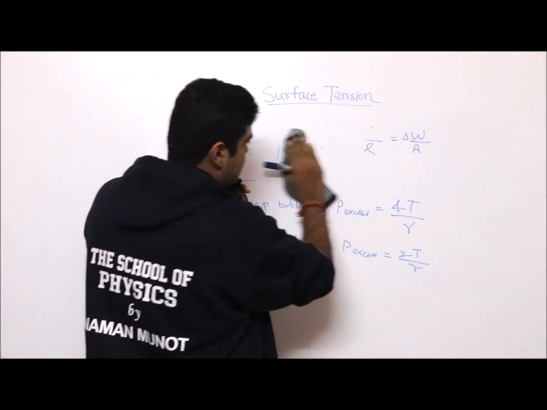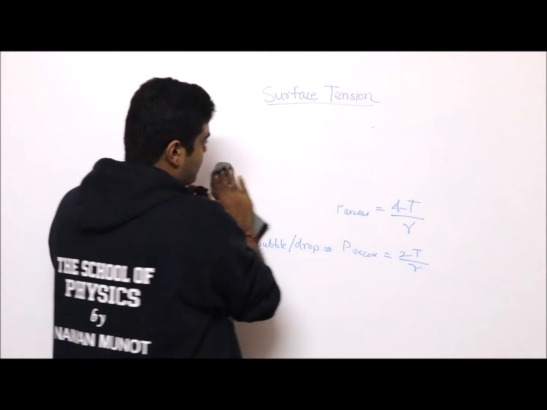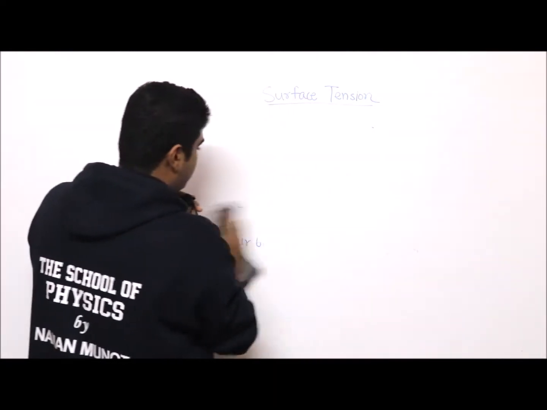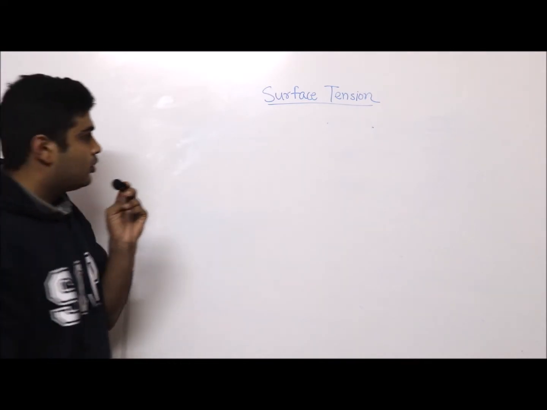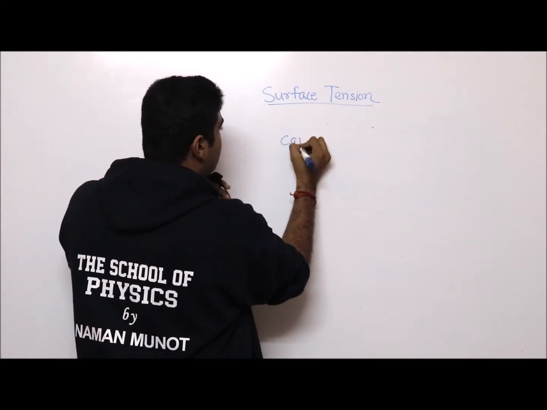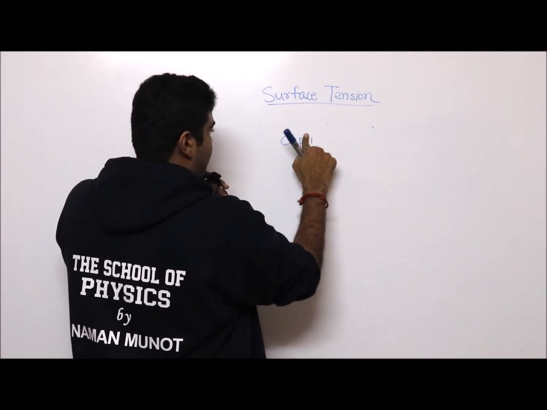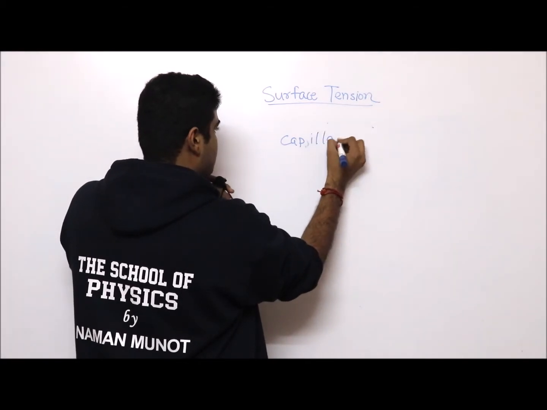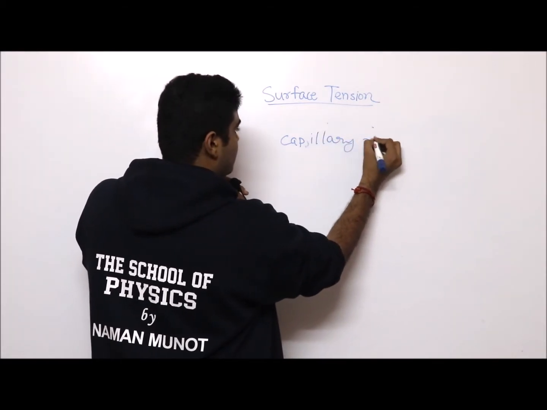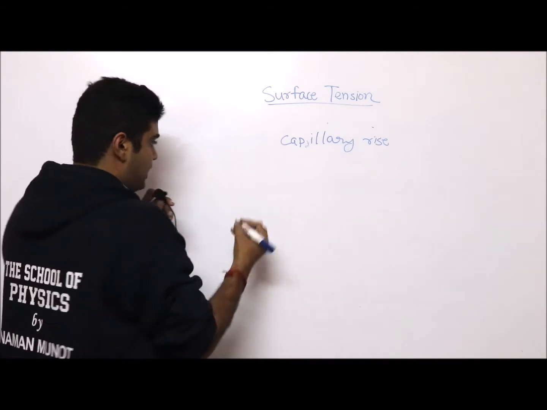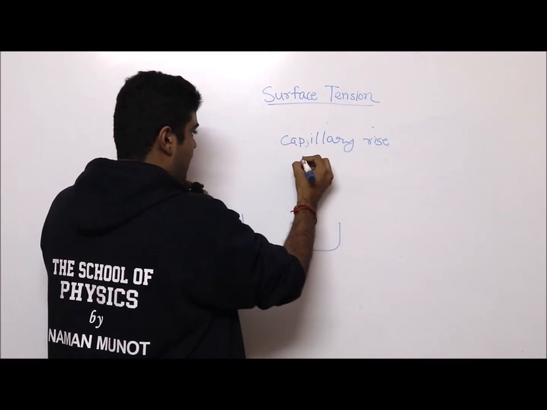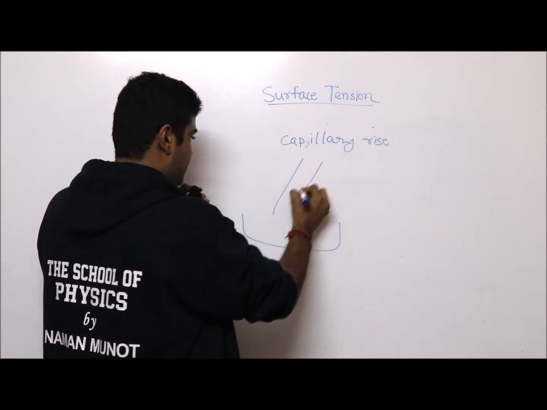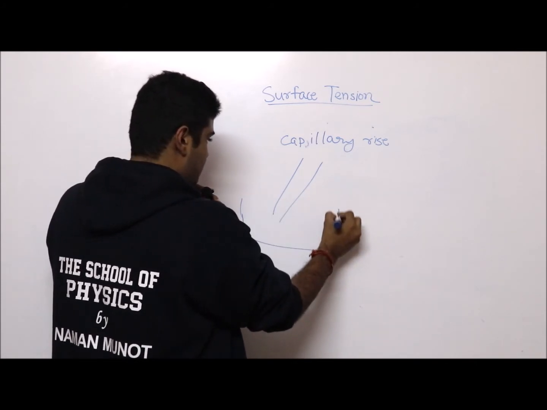Capillary rise has a very simple formula, 2T cos theta. So what happens in a capillary rise is I have this beaker, and I have a capillary like this, and this beaker has water.